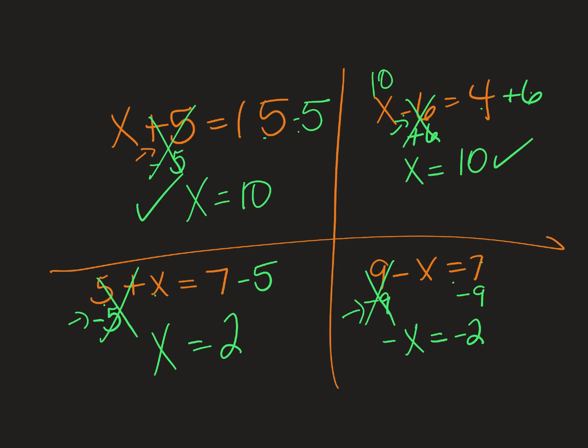Now, when I showed you division earlier, this is what I'm referring to. You always have an invisible 1, right? If there's no coefficient in front of it, you have an invisible 1. So I'm going to divide both sides by negative 1. And so x is going to equal a positive 2 because when you divide two negatives, you get a positive.